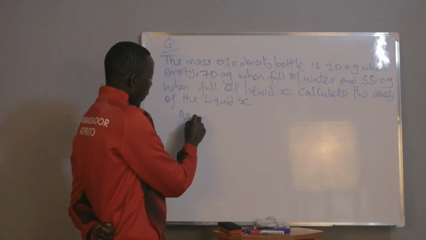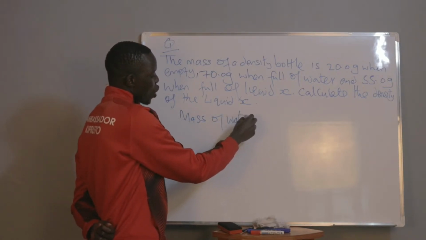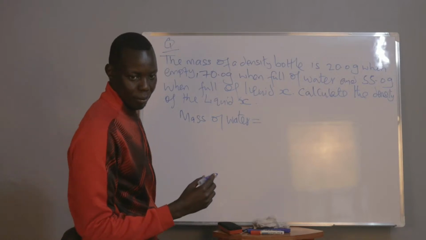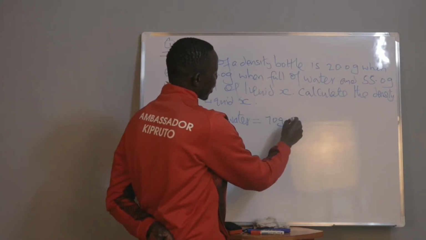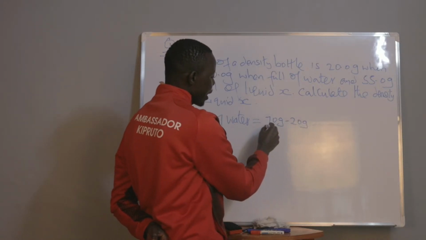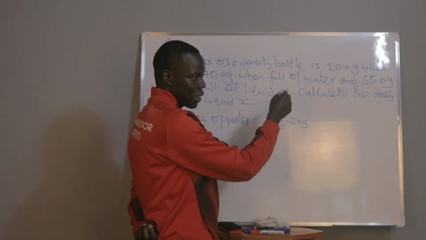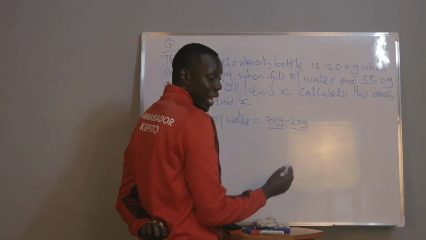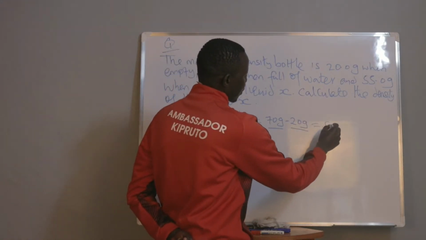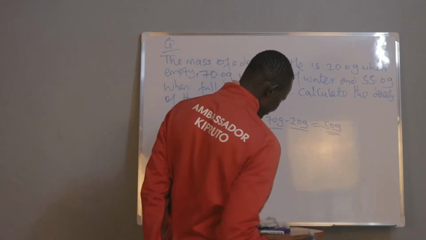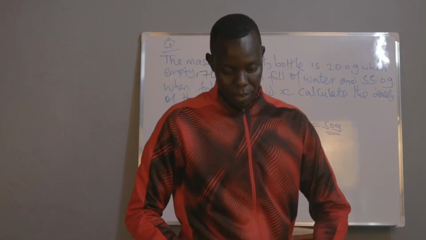Mass of water is going to be 70 grams minus 20 grams. Why? It is 70 grams when full of water, meaning the mass of water plus the density bottle is 70. Then the mass of the density bottle is 20 grams. So we have 50 grams. That is the mass of water that can fill the density bottle.